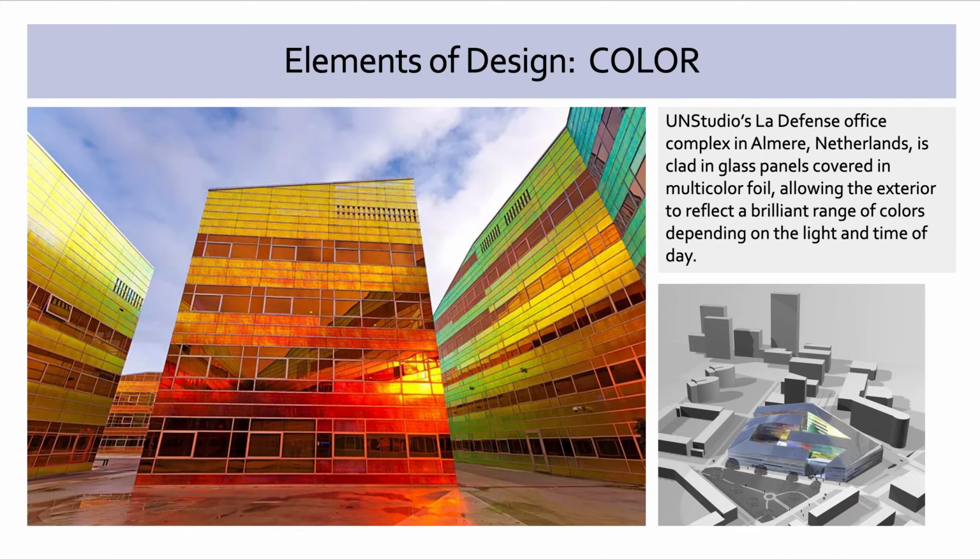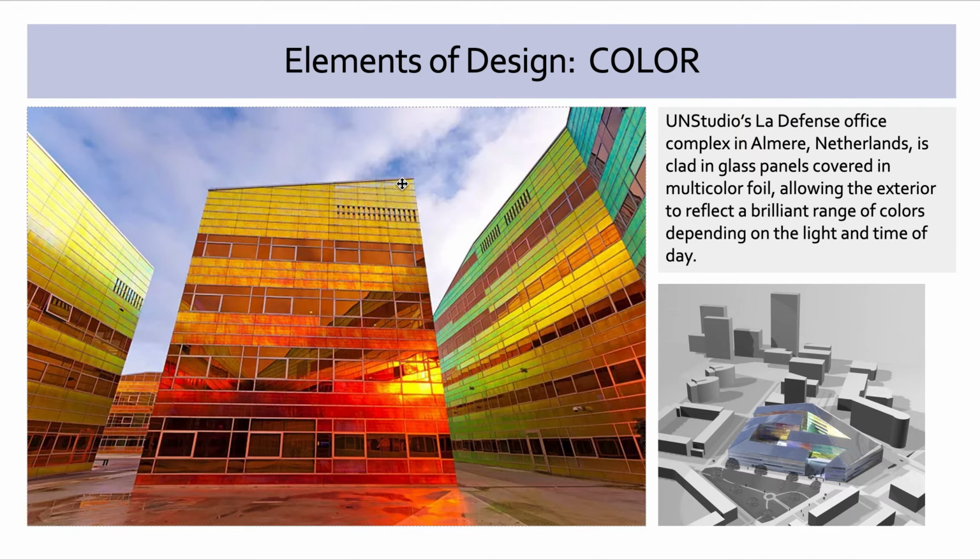Okay, and so here is a building that is covered in multicolor foil, so that depending on how the sun hit it, it reflected different colors. So it became basically kind of iridescent. And you can see it looks much more iridescent in this model they created of it.